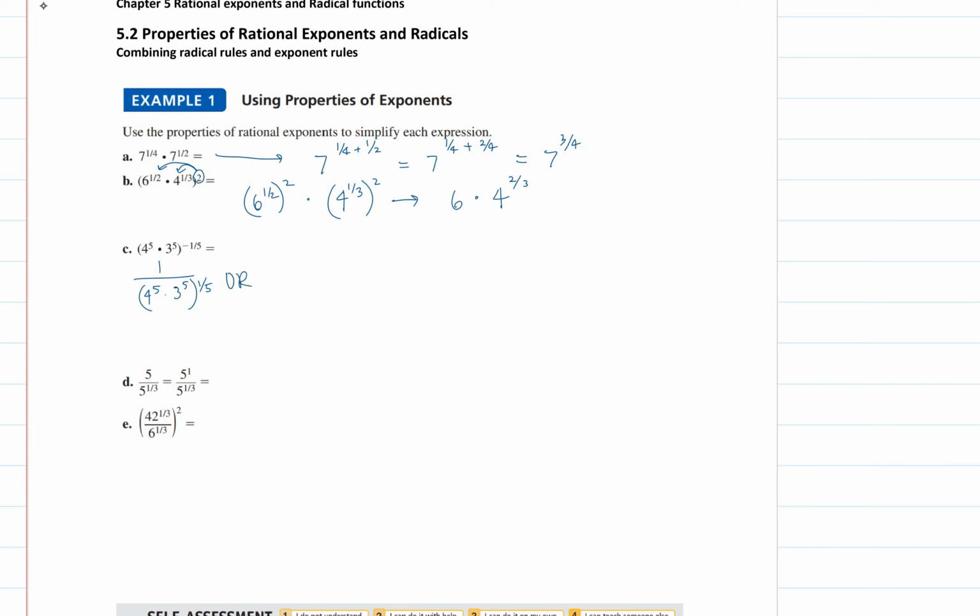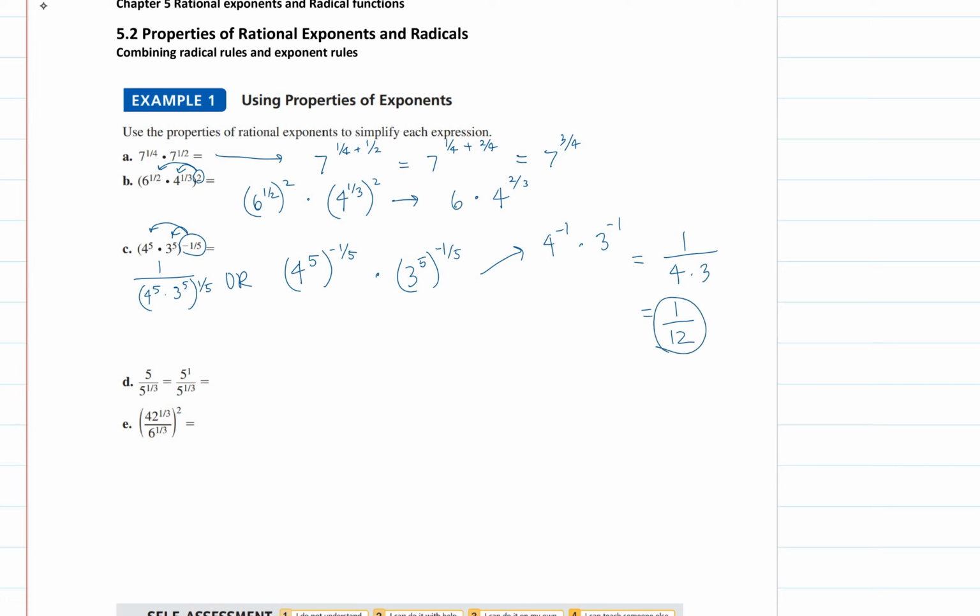Or I could distribute first, so that negative goes to each number, so I would have 4 to the 5th to the negative 1/5 times 3 to the 5th to the negative 1/5. It doesn't matter which way you go, because either way you're going to end up getting 4 to the negative 1, and 3 to the negative 1, which eventually will be 1 over 4 to the 1 times 3, or 1 over 12.